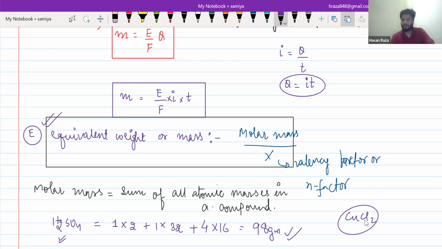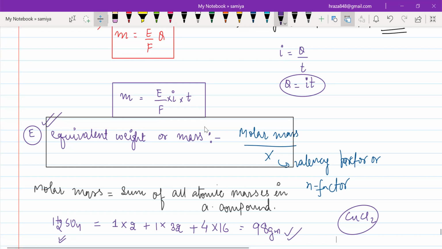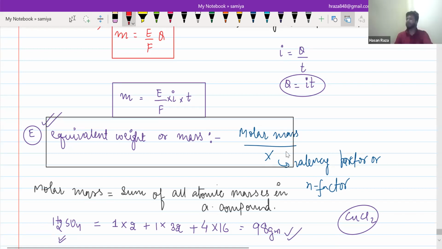Is that clear? So it is very easy to calculate molar mass. Sum of individual atomic masses is equal to molar mass. Is that clear? Yes, sir. Now, please write it, and then I'm going to discuss what is X, and this X is very important.